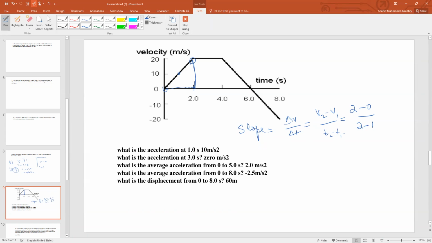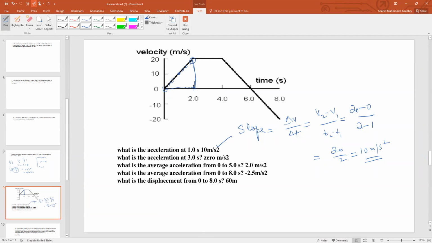Sorry, this is not 2, this is 20; the Y-axis is 20. So this is equal to 20 over 2, which is 10 meters per second squared. Acceleration will be constant on this line, whether you find it here or here or here. It will be 10 meters per second squared. This is the first part.